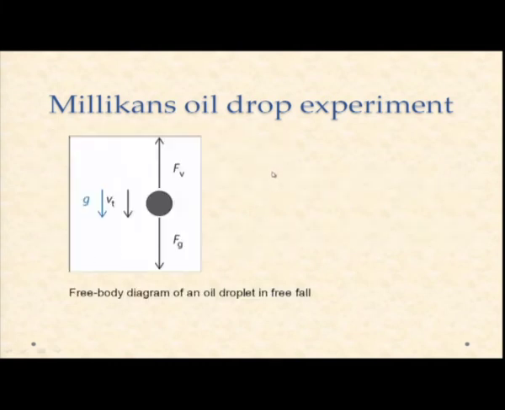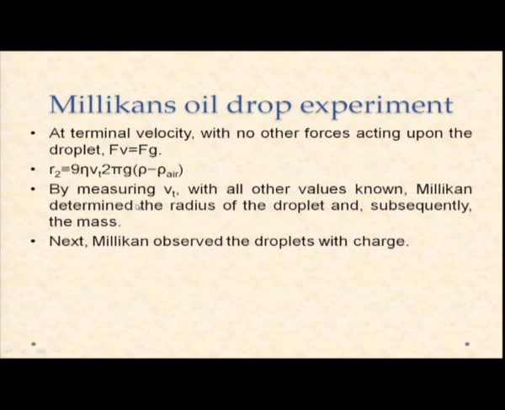Here you can see the free body diagram of an oil drop which is in free fall. The gravitational force is acting downwards, then the viscous force is acting upwards. Only two forces are acting here. In this case, the terminal velocity is reached when Fb is equal to Fg if no field is applied. Then the radius of the oil drop r square is equal to this one. By measuring Vt, we can find that.